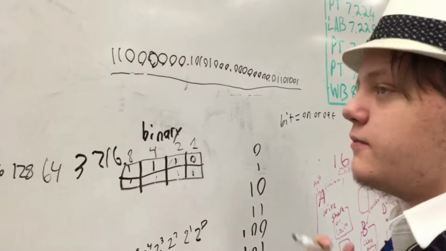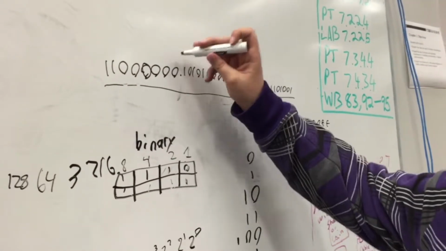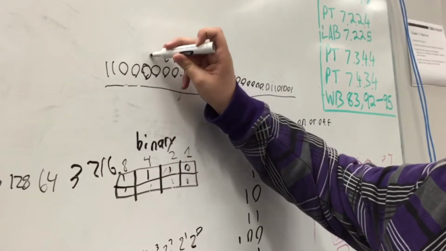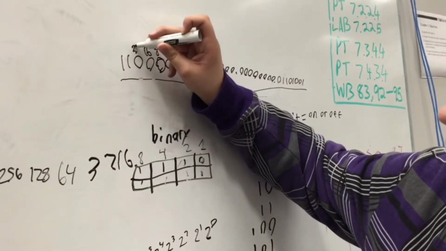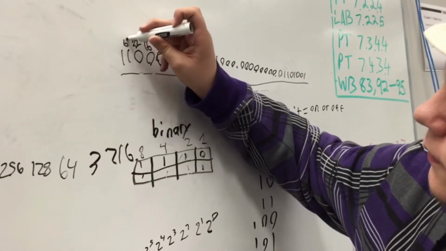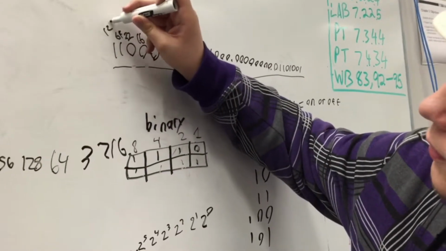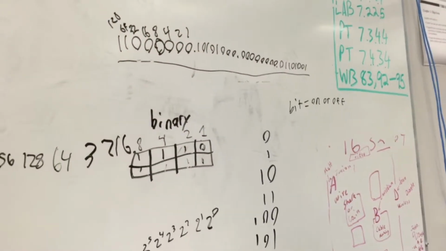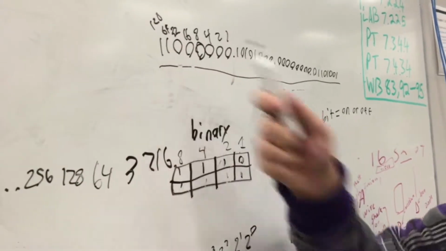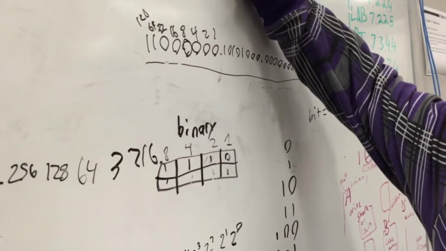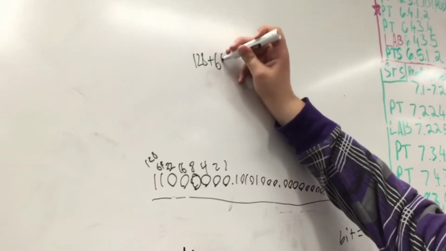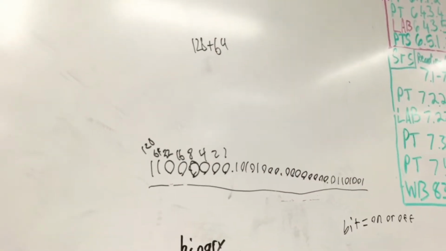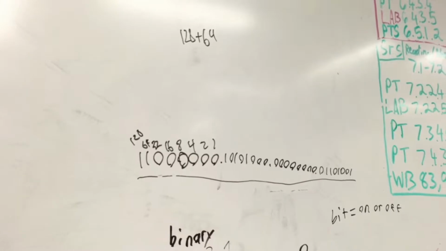So let's see what's in that byte. We have the ones column, 2, 4, 8, 16, 32, 64, 128. So that means that this here has 128 and 64, and the rest are left blank.